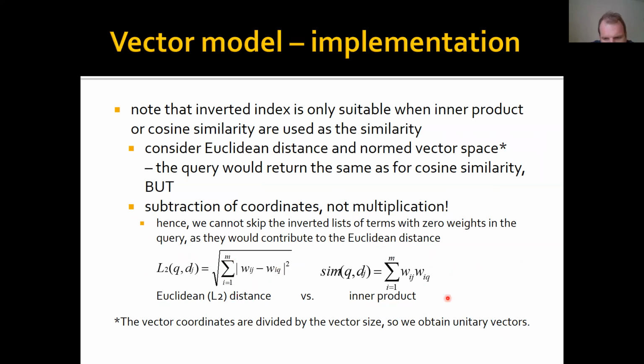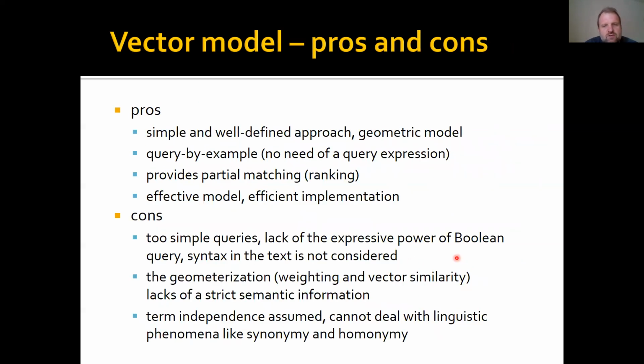So that's why we are using the inner product, because this multiplication supposes that we only multiply non-zero elements. Otherwise, it's always zero if this one or this one is zero. Okay, so this was one big technical reason for using the inverted file and cosine measure.